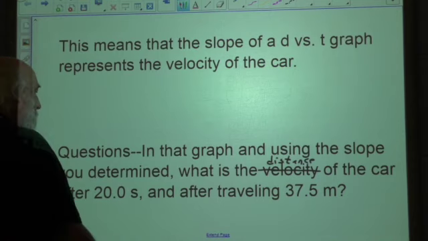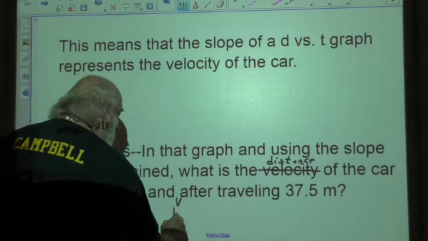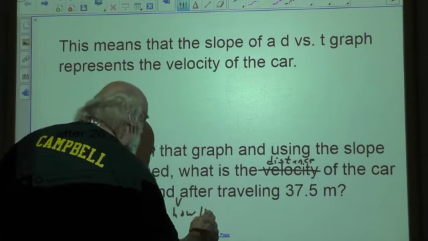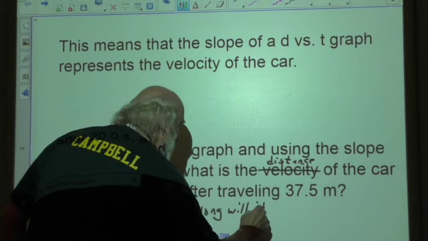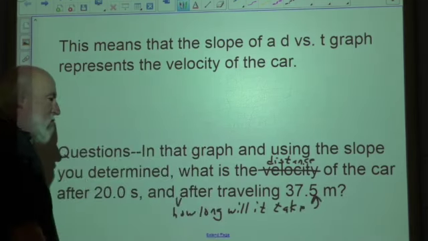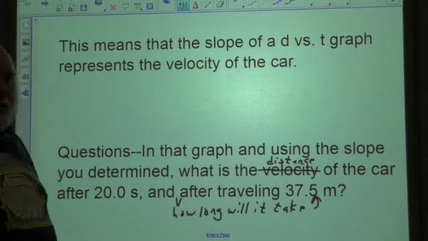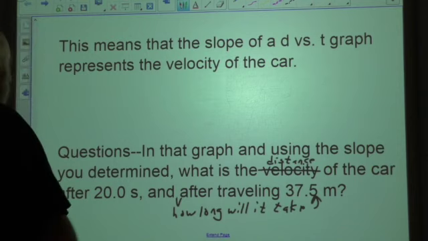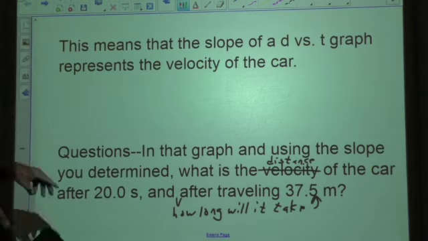And then over here, the question you should be asking is, how long will it take to travel the 37.5 meters? So that's what we're going to find here. All right. So go back to the equation.